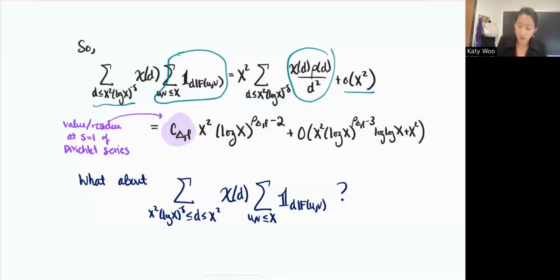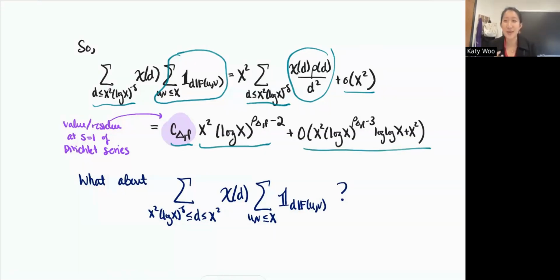And so for the d up to x squared times log x to the negative delta, the contribution looks like some constant, which is either the value or residue at s equals 1 of a Dirichlet series, times x squared times log x to the Picard rank minus 2, plus a suitable error term.